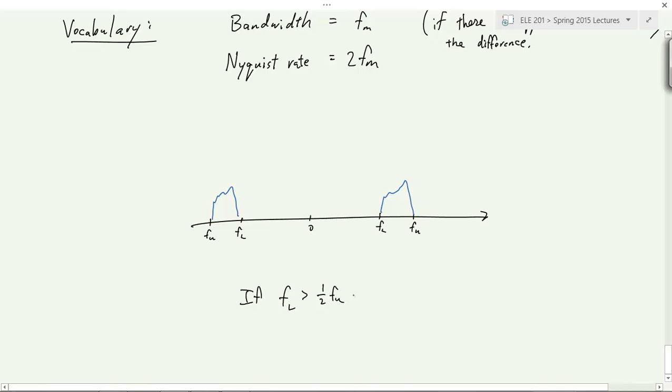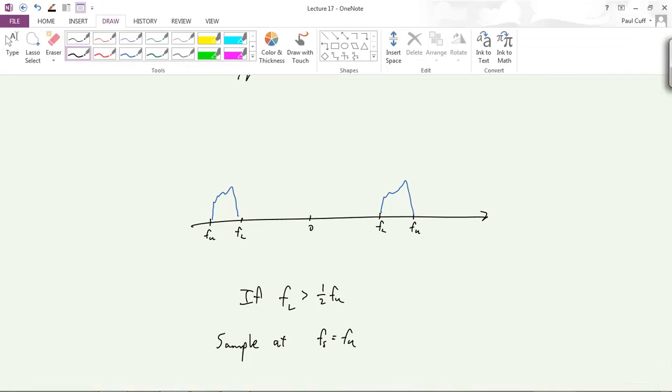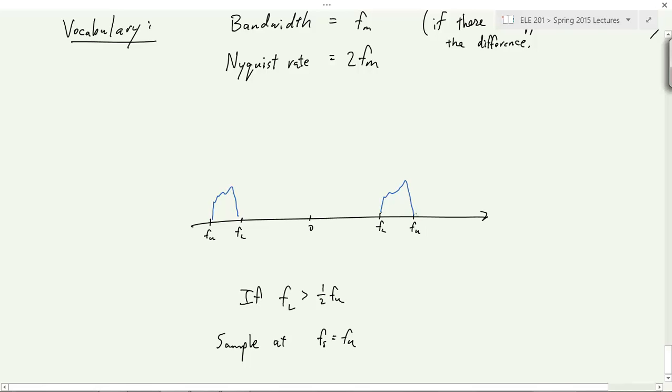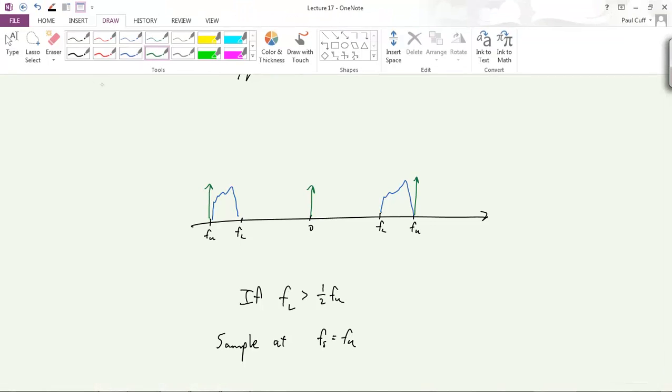Well, then I would argue that you could actually sample at only the sample rate equal to f_u and still avoid aliasing. Because if you look at what would happen, so let's now do our sampling at f_u. So our delta train is like this. So we make copies, right?